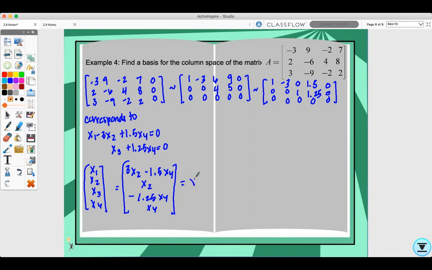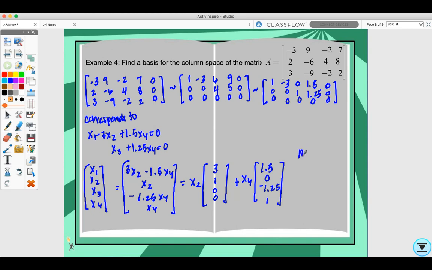So then, writing this in terms of my free variables, I'd have x2 times 3, 1, 0, 0, plus x4 times negative 1.5, 0, negative 1.25, 1. So the basis for Nul A would be those two vector columns.